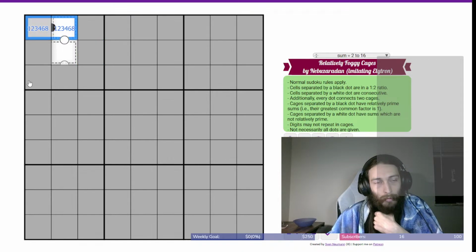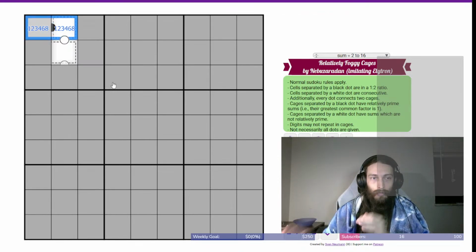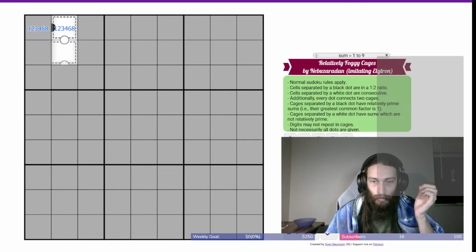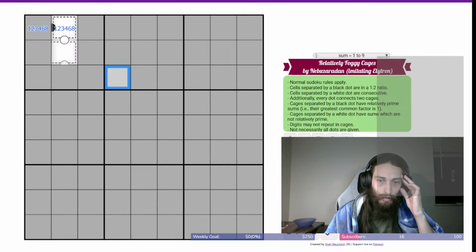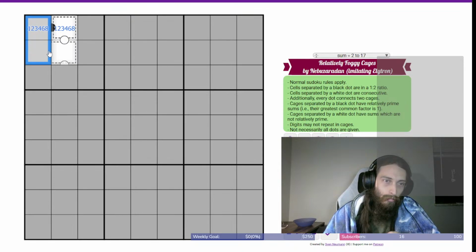Which means this has to be a 1-2 pair, because they're in a 1:2 ratio. Because we also know that this has to be its own cage, because if it expanded down, it would join with this one.